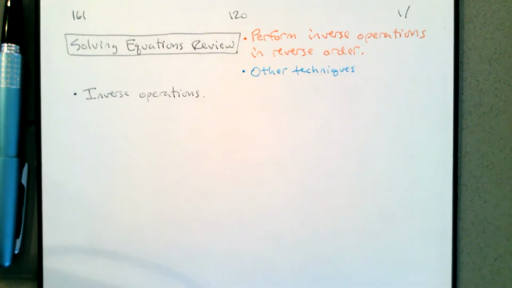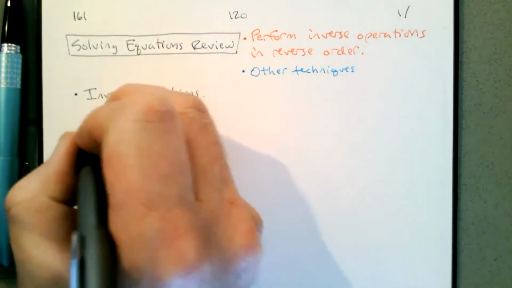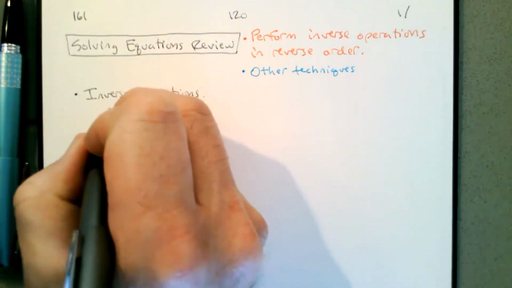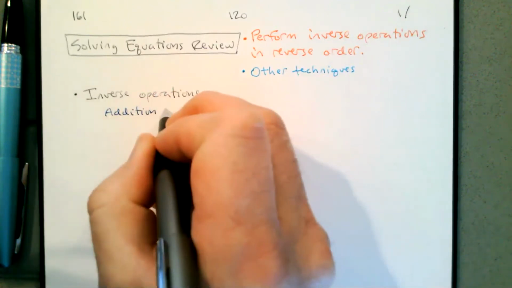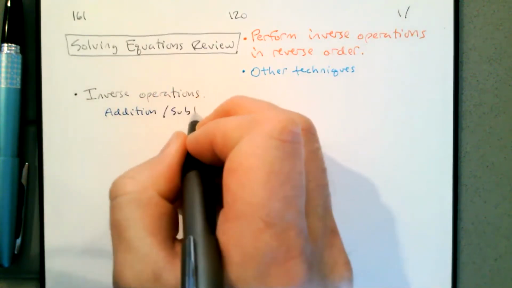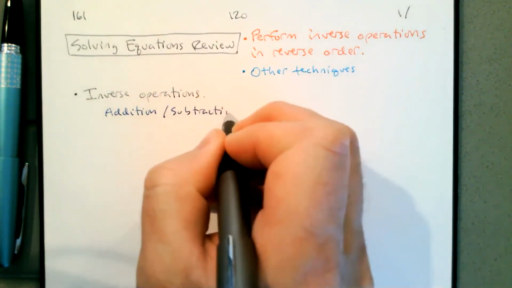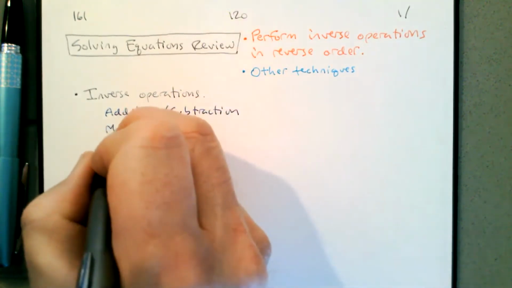Addition and subtraction are inverses. Multiplication and division are inverses.